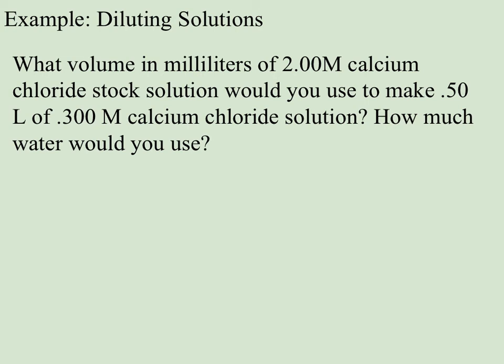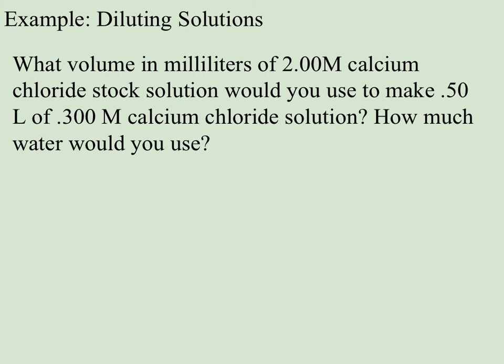So I just have to move my 2 to the other side by dividing. And when I plug and chug here, the 0.3 times 0.5 and divide by the 2, I only need to use 0.075 liters, or a lot of times we change this to milliliters because 75 milliliters is a little easier to understand. But we can just leave our final answer of 0.075 liters of the stock solution, or the 2 molar.